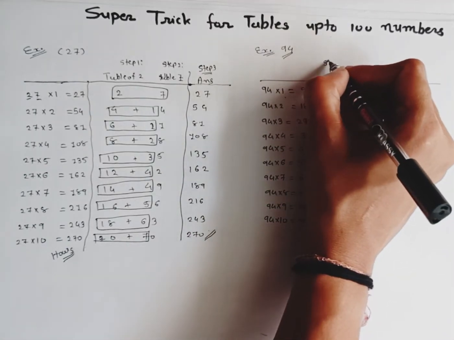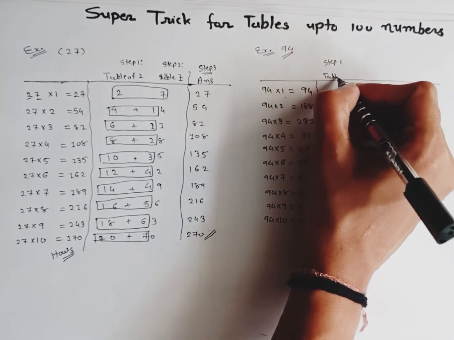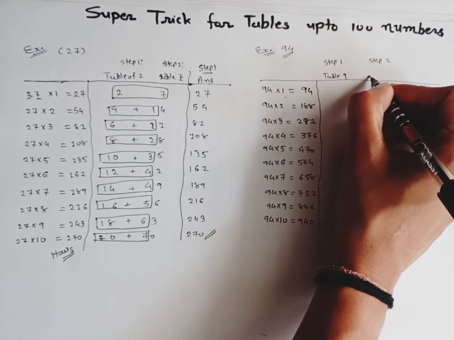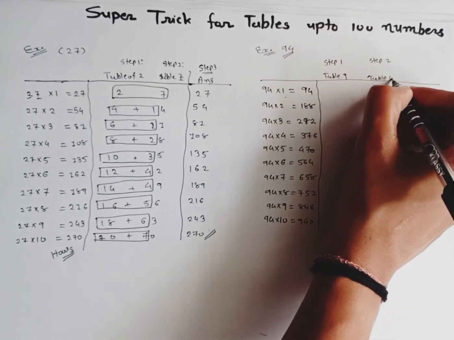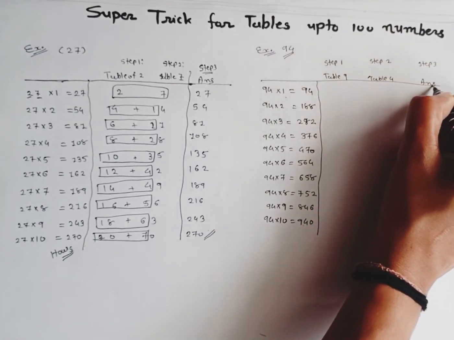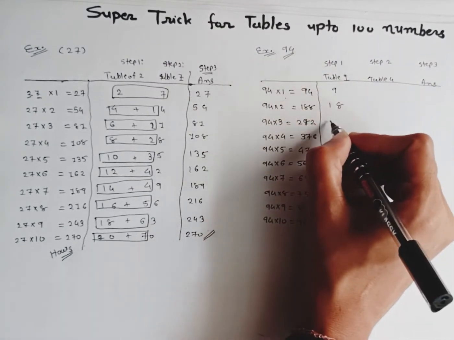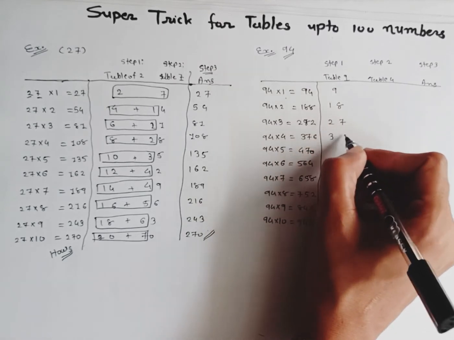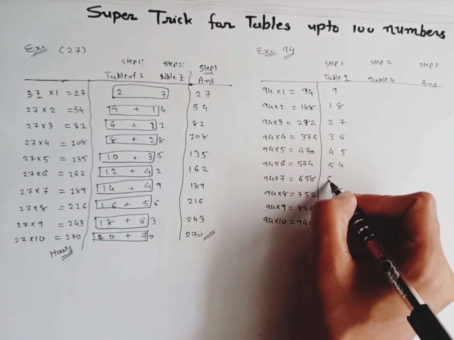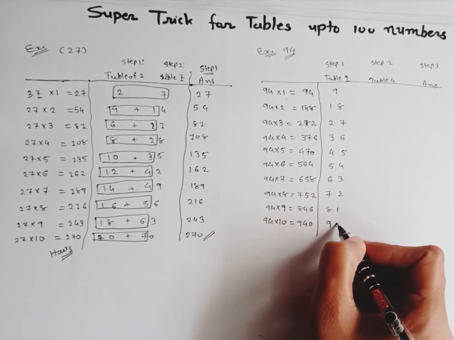Let's start with step 1, table of 9, and step 2, table of 4. Step 3, answer. 9, 18, 27, 36, 45, 54, 63, 72, 81, 90.